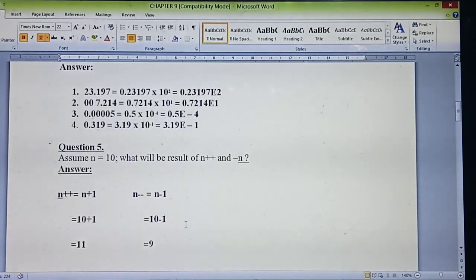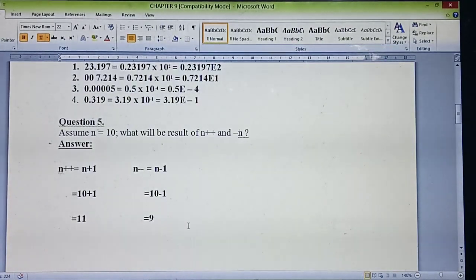Okay, then fifth question, write it. The value is n equal to 10, and they are asking the question, what is the value of n plus plus and minus minus n? So you write this down. First you write n plus plus, then n plus 1, 10 plus 1 equal to 11.